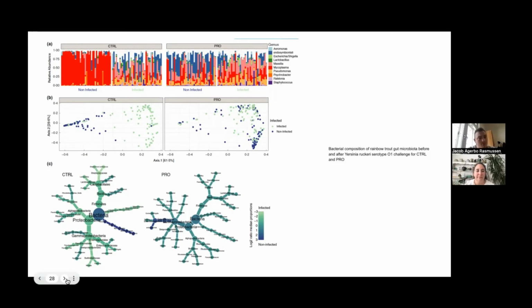But what we saw with both of them, and mostly with the control diet, is that there was a huge shift between infected and non-infected individuals. So there was a huge shift for control, but not as big of a shift for the probiotic fed individuals.